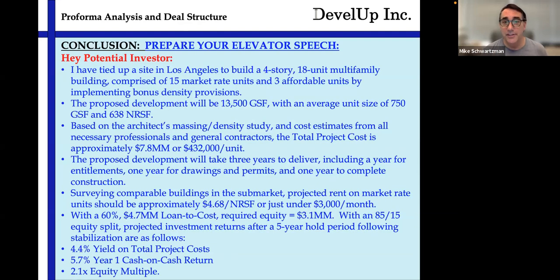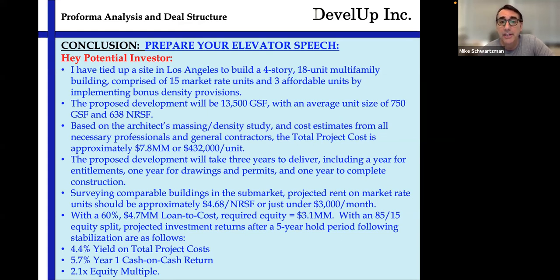If you had done all this, everything we've talked about in this series, you'd be able to prepare your elevator speech for a potential investor. You'd be able to say, hey, I've tied up a site in Los Angeles. I can build a 4-story, 18-unit multifamily building comprised of 15 market rate units and 3 affordable units by implementing bonus density provisions.